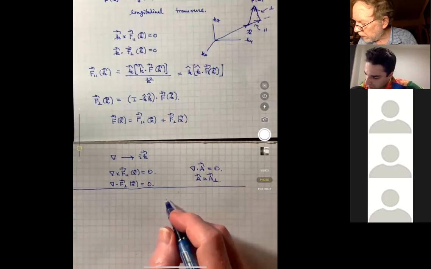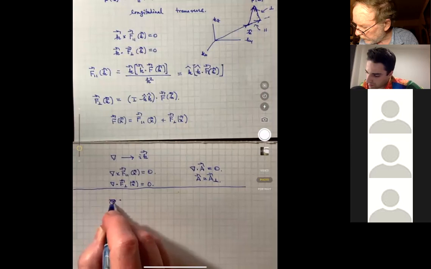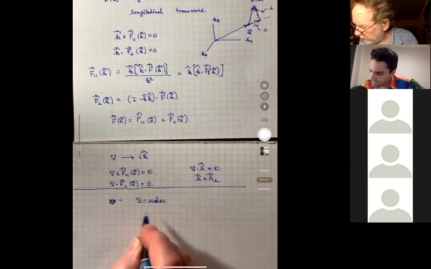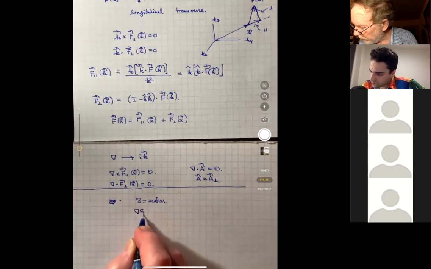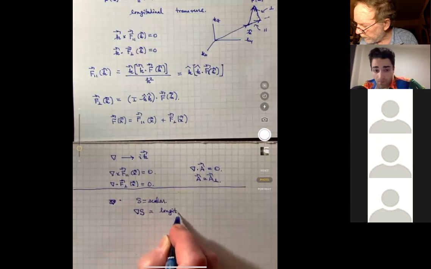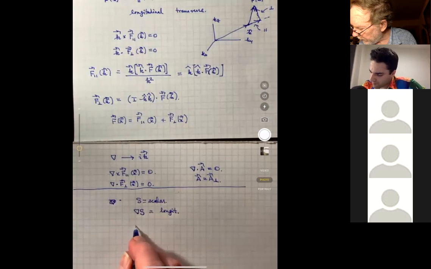By the way, here's another thing to say too. You can see that the gradient of a scalar, let's say S is a scalar, is purely longitudinal. Why? Because its curl is equal to 0. Likewise, if I have V as a vector, then the curl of V, del cross V, is purely transverse.